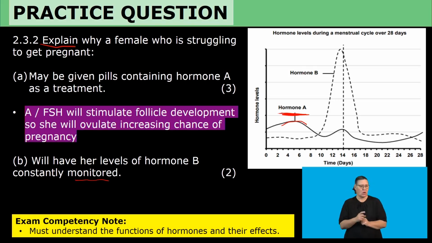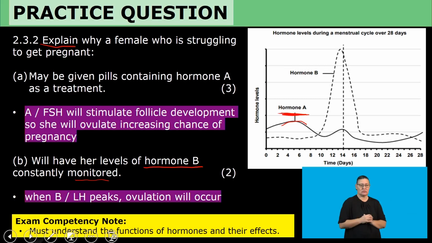And the question is, why will this woman have levels of hormone B constantly monitored for 2 marks? Because when hormone B peaks, that's where ovulation occurs, the release of the ripe ovum. It occurs here, meaning that it will be awaiting the sperm cell for fertilization.